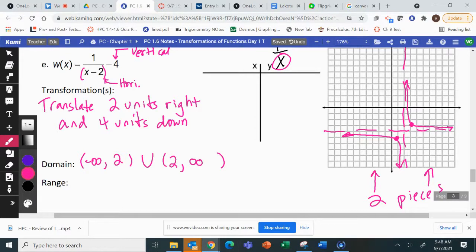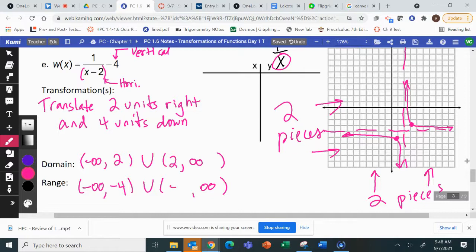The range is the same way. We have 2 pieces for the range. So the range is going to have 2 pieces. We start at negative infinity and end at positive infinity. But what number are we going to skip over? It's the -4.